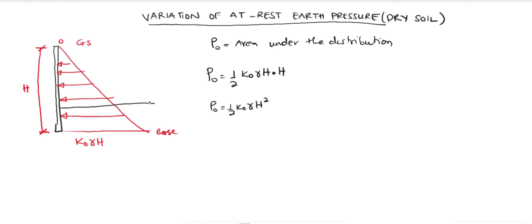Then where is it going to act from the base? So assuming this is a resultant force, where it's going to act at the base is 1/3 of the height. That is the centroid.